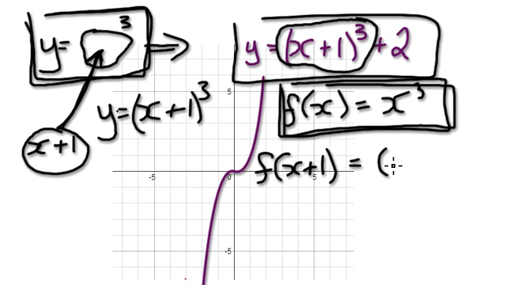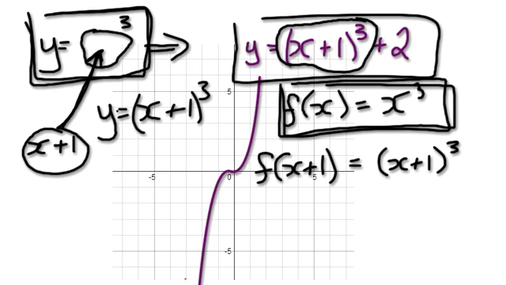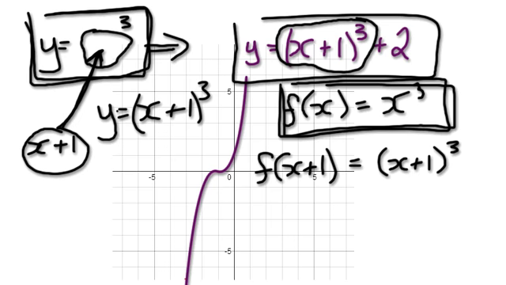So it will look like this, (x plus 1) to the power of 3. Okay, so that means this. A transformation of x plus 1 means you move it to the left by 1. So looking at the origin as a reference point, I'm going to move it across by 1, so it'll be here.